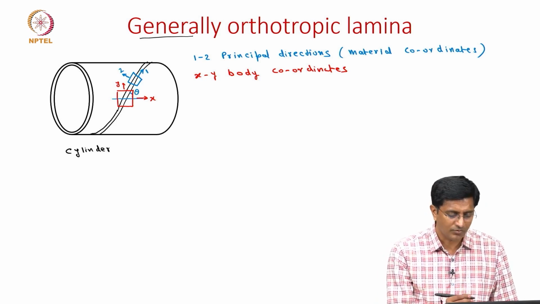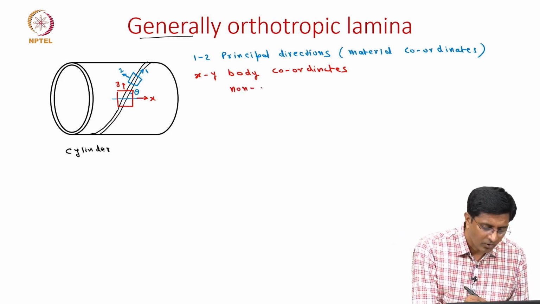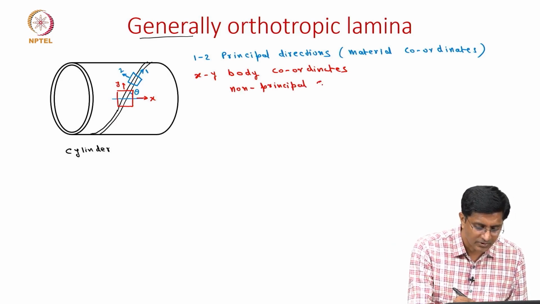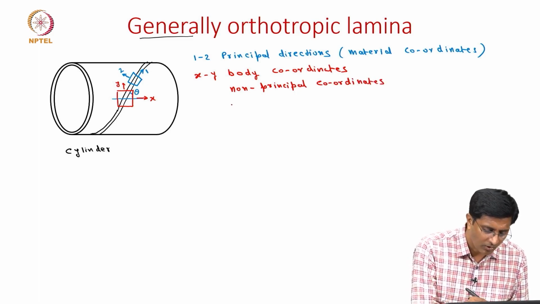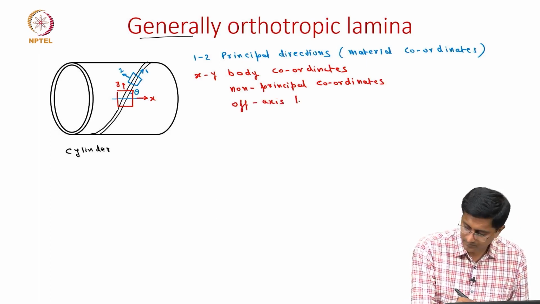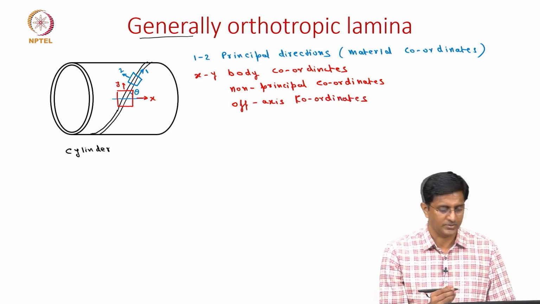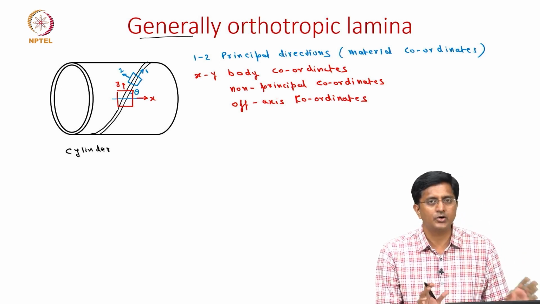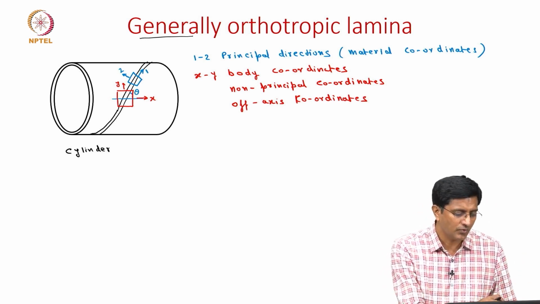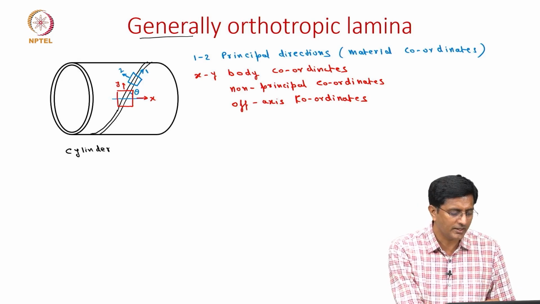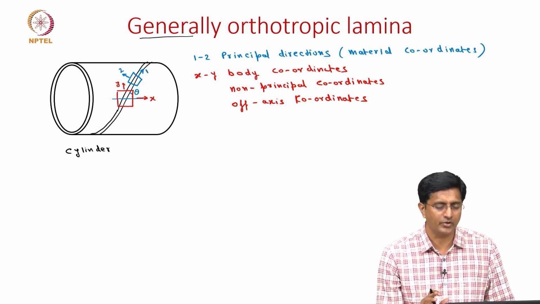There are other ways of calling it: non-principal directions or coordinates, or the off axis loading. I think now it is clear that there are two different coordinate systems, which is 1 2 referring to the material coordinates and x y referring to the body coordinates.